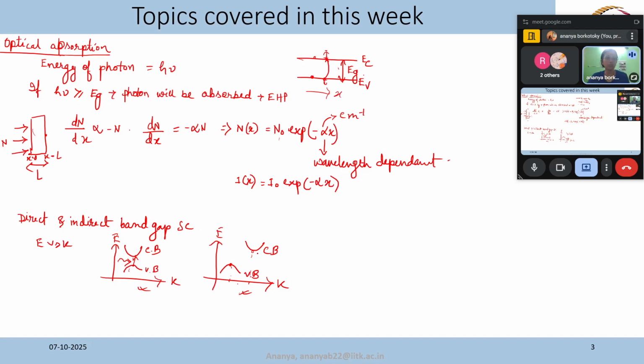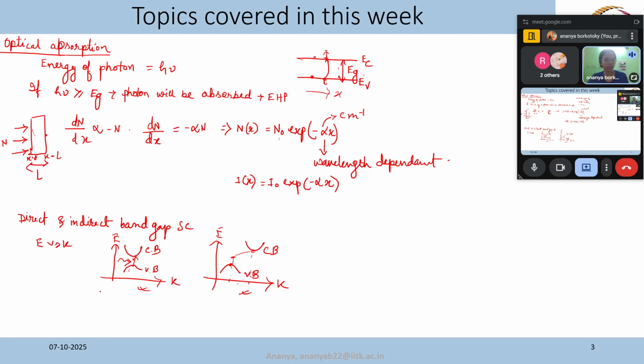We need a phonon for that. So the electron moves to a higher energy, maybe there is some defect state or extra state here, and from there it goes to the conduction band edge, which may be with the help of a phonon. So we need two types of particles for electron and hole pair generation and recombination in the case of an indirect bandgap semiconductor.